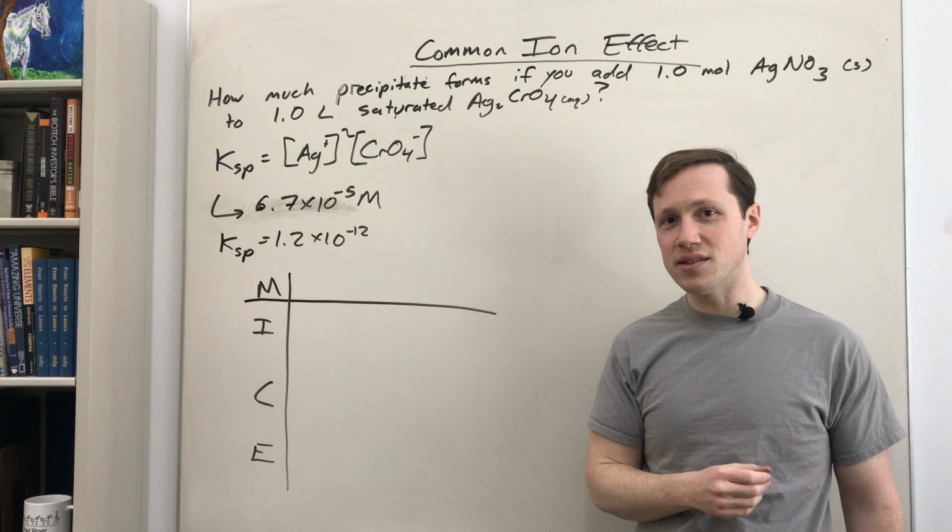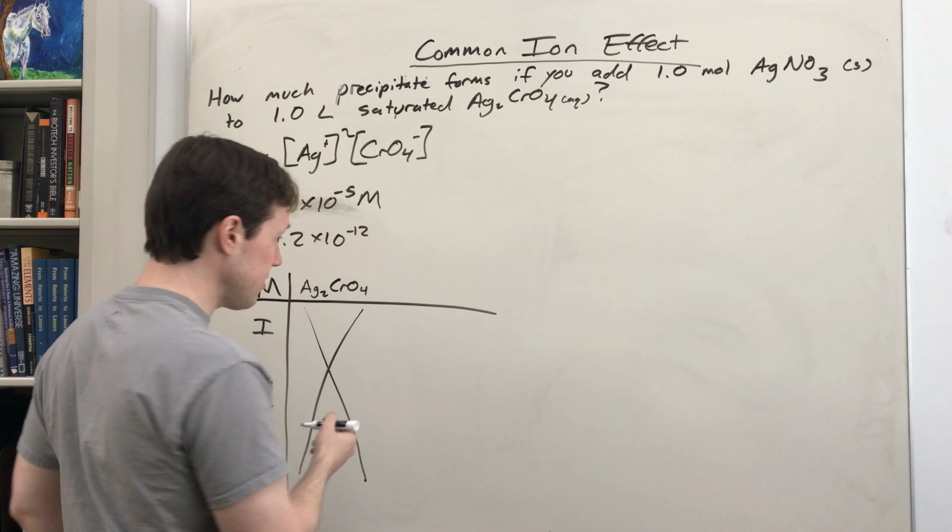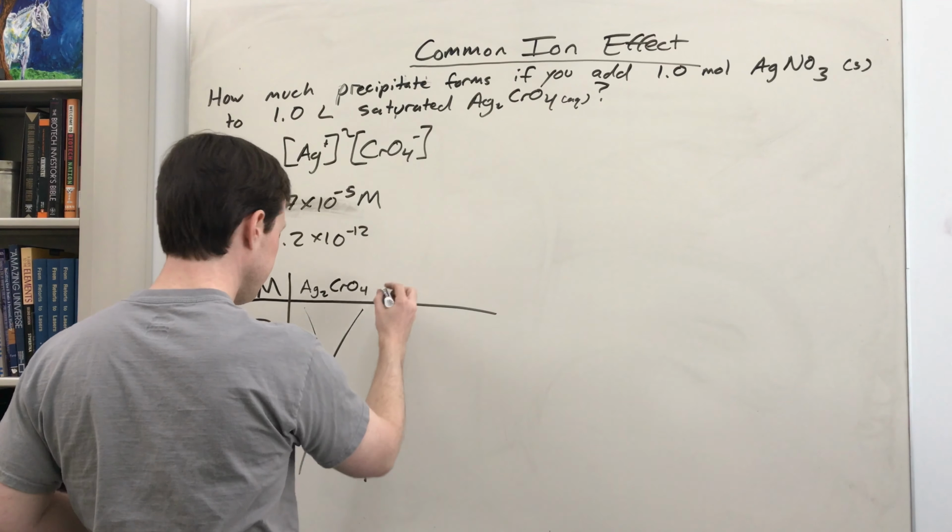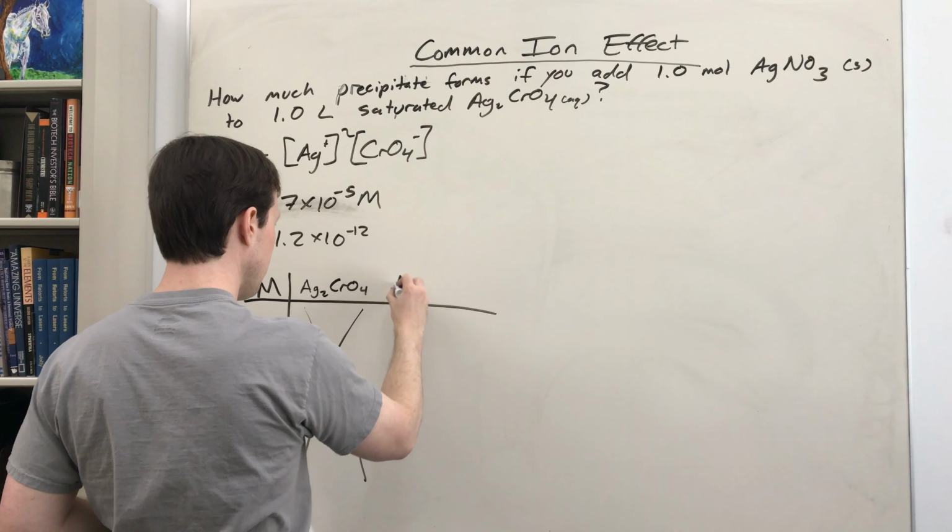We still could potentially have this AgCrO4 column, but because it's a solid, we're confident that it's not going to be involved. We also know that the Ag plus and CrO4 2- amounts we were given are as they were when we started.